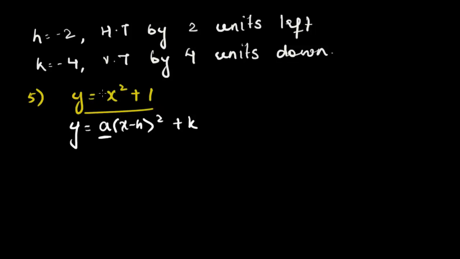We don't have any number here that is being multiplied with x squared, so a is not there and a is 1. h is anything that is within the bracket with x and is also squared with x. Here we do not have any number that is written along with x and is squared with x. So therefore, in this particular case, a is 1, h is 0, and this number would represent k.